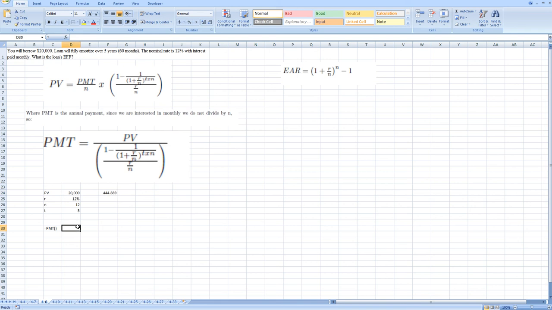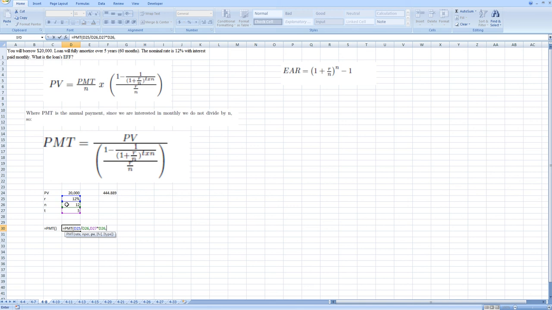The other way that's much more simple in Excel is just to use the payment function. So we'll say equal sign PMT. We'll reference the rate, but here Excel doesn't know that the rate is monthly, so we have to force it manually. So we're going to divide r by n, and then with the number of periods, t, we also have to force it that it turns out to be monthly, so that we actually have a total of 60 payments.